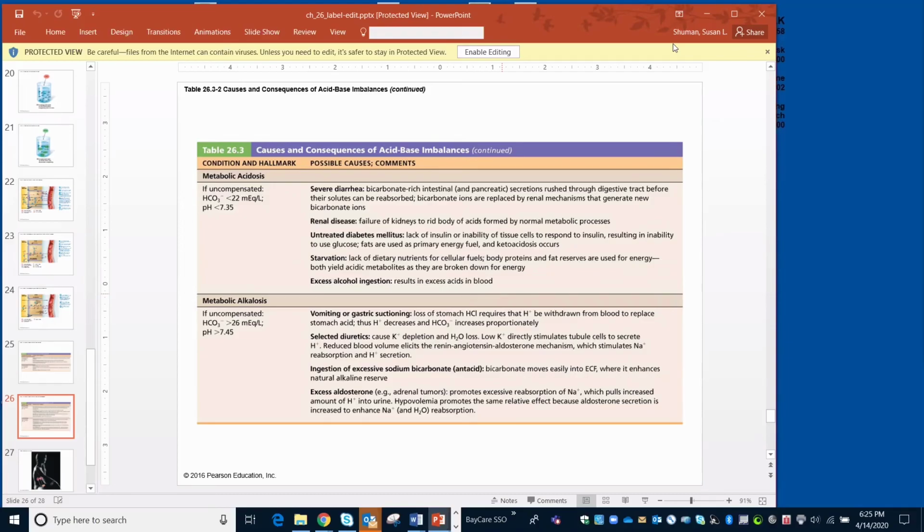What's another way to have your bicarb levels drop, to be in a metabolic acidosis state? Vomiting. Not vomiting, that's going to get rid of your acid and put you in an alkalotic state. Peeing a lot? Nope, it's not about peeing.